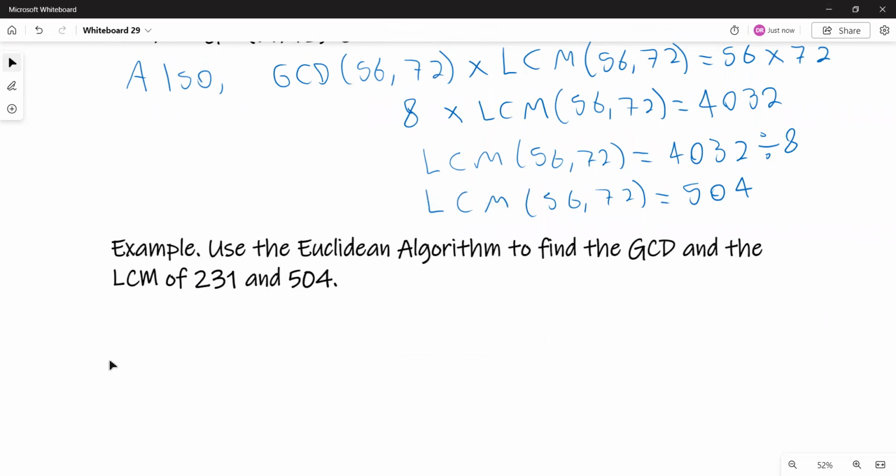Okay, so let's find the greatest common divisor first. Step one, divide the smaller number into the larger number.